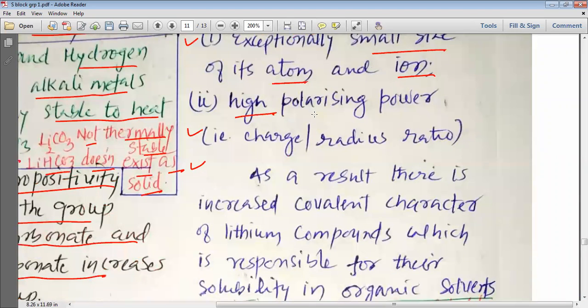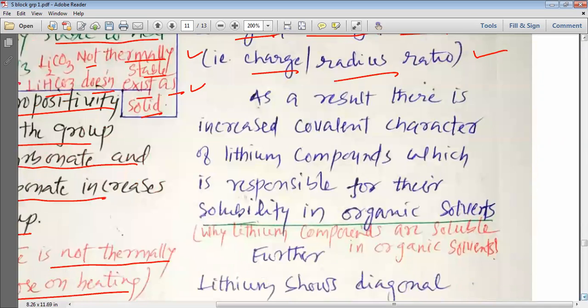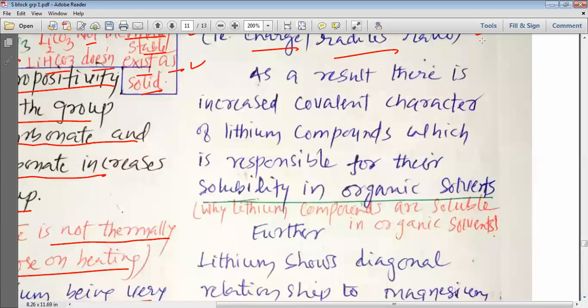Lithium being small in size, it is highly polarizing, so it has a very high polarizing power. That means it has a very high charge to radius ratio, and that is what gives it its highly polarizing power. As a result, there is increased covalent character of lithium compounds due to polarizing power, as lithium can polarize the other negative ion.